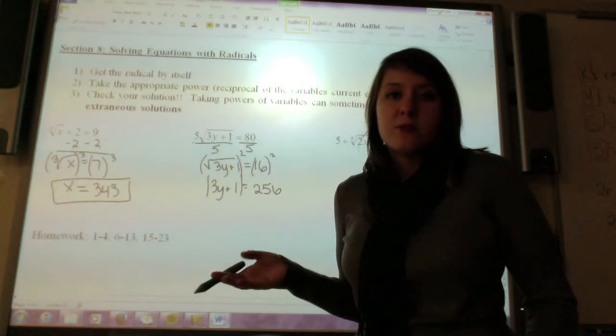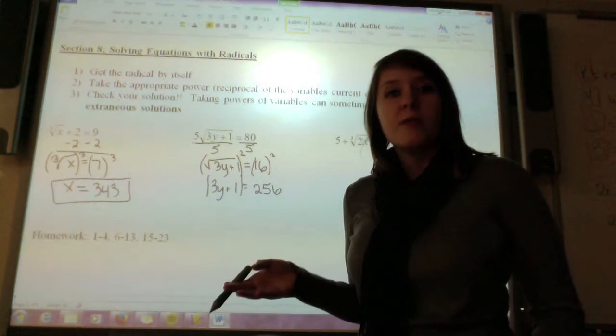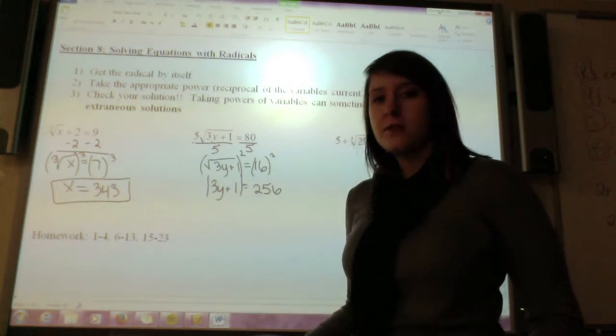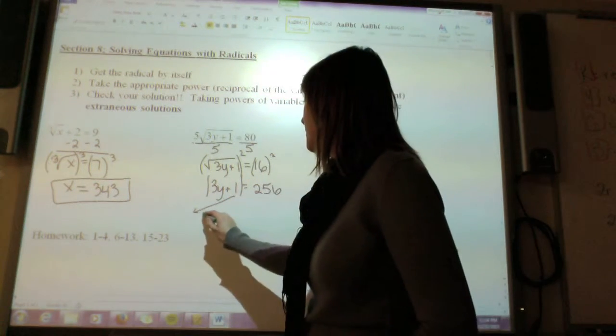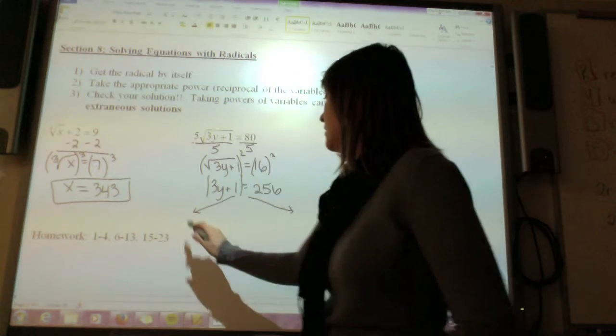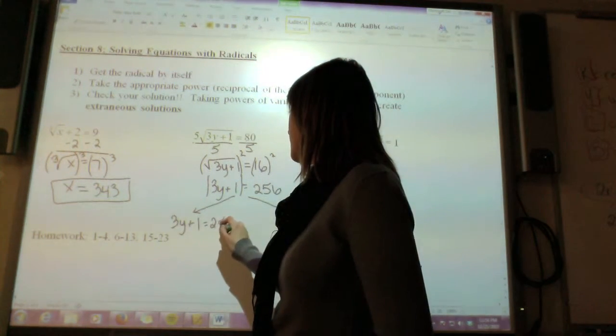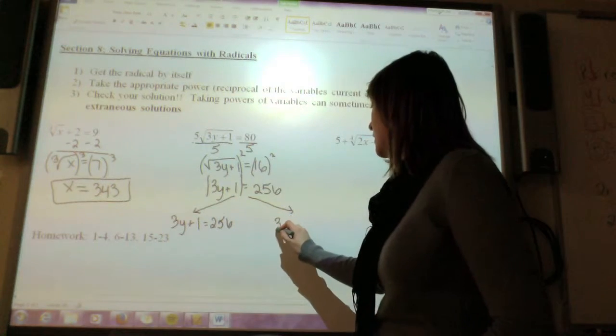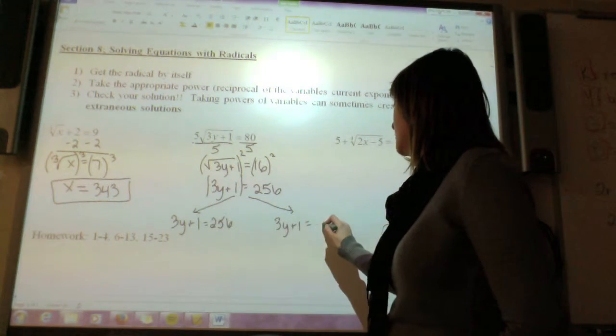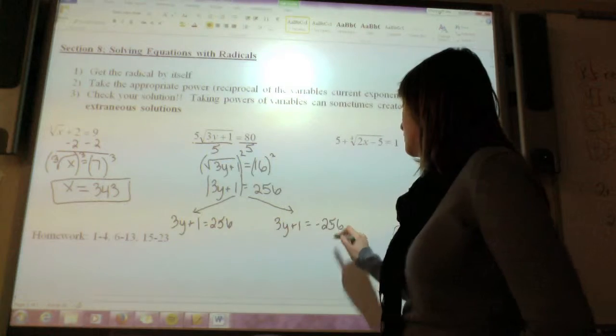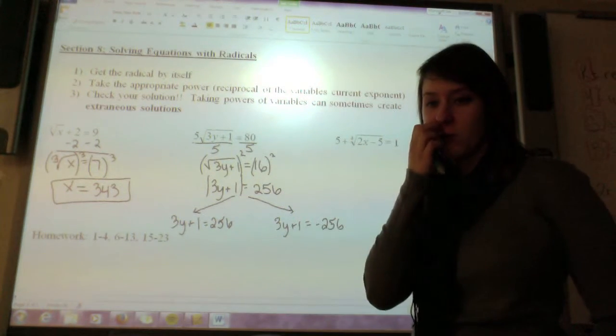So how do you solve an absolute value problem? Well, you have to split it up into either the positive or the negative solution. So I could have either 3y plus 1 equals 256, or 3y plus 1 equals negative 256, depending on whether it's my positive or my negative solution.